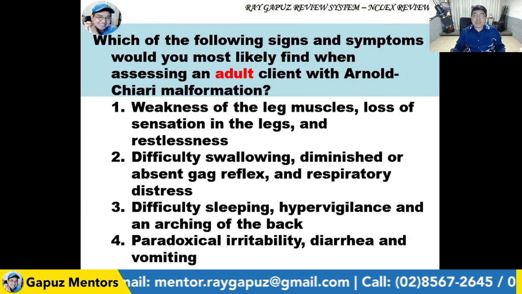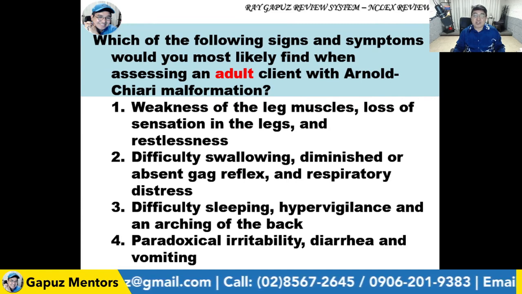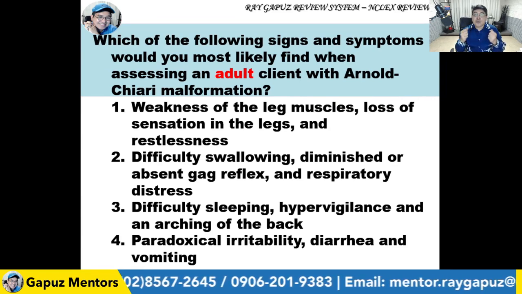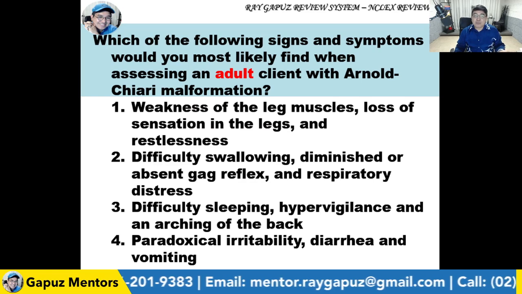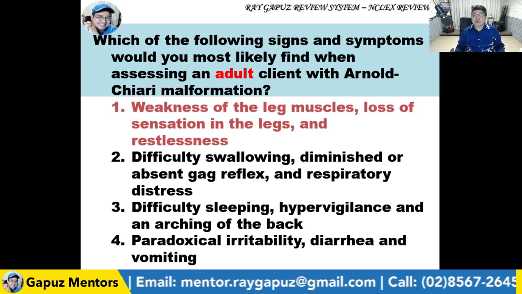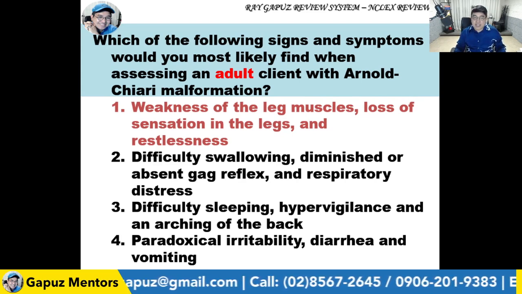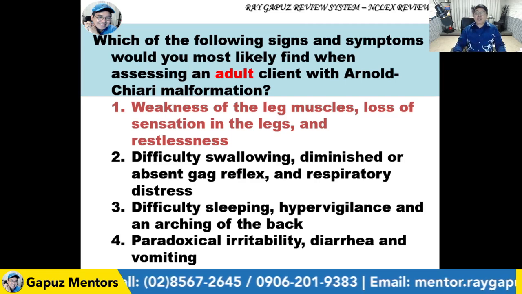Which of the following signs and symptoms would you most likely find when assessing an adult client with Arnold-Chiari malformation? Now, when you have an adult client with Arnold-Chiari malformation, usually the problems in the brain would be manifested by weakness of the lower extremities, loss of sensation in the legs, and restlessness. Okay, so it's usually the leg muscles that are affected.